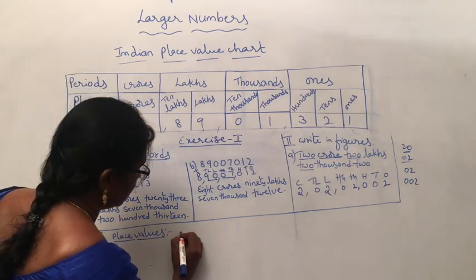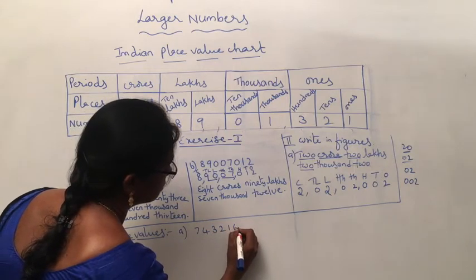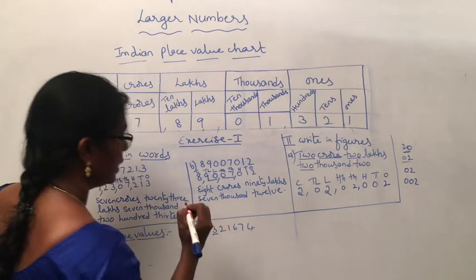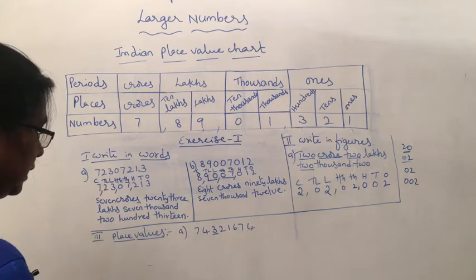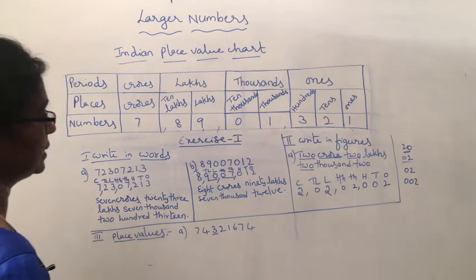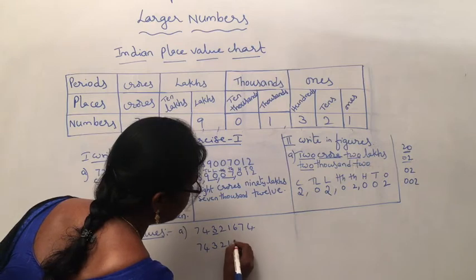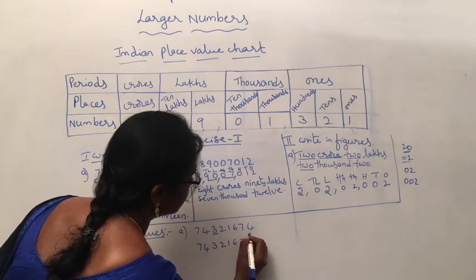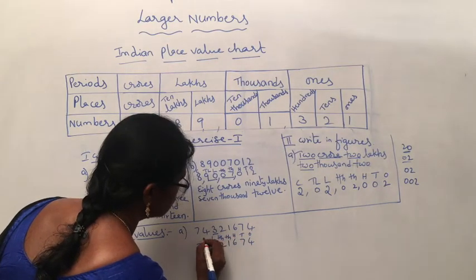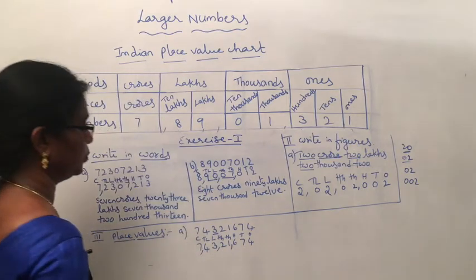Now, example. Here the digit is underlined. Which digit? 3. 3 is underlined. Then we have to write 3 in which place? First we have to write the number and each digit's place value: ones, tens, hundreds, thousands, 10,000s, lakhs, 10 lakhs, crores. Then we put the commas for the ones period, thousands period, lakh period.